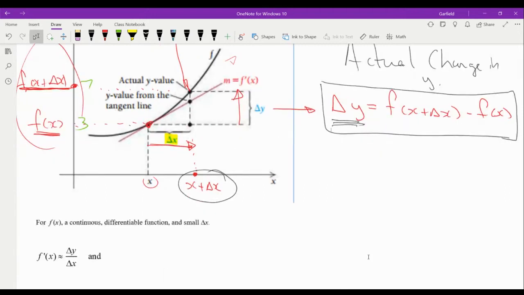Now, if we look at a tangent line, which is in red, M is equal to, let's put this up here, tangent line. M is equal to f prime of x, which we already know.